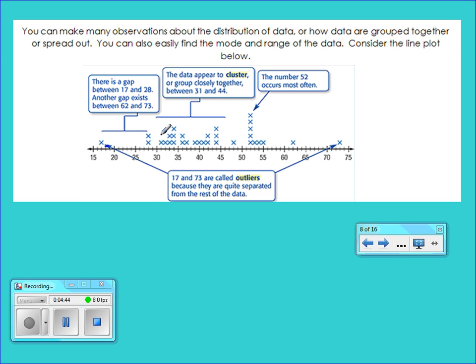It's a group that's close together. There's one here between 31 and 44. We've got a little cluster of numbers. So when we look at the data on a line plot, we can compare some things, answer questions, or even use the data to ask questions about what's going on with what we're looking at.